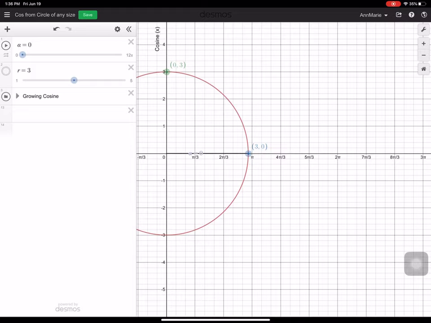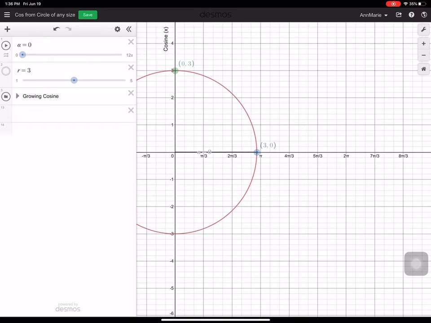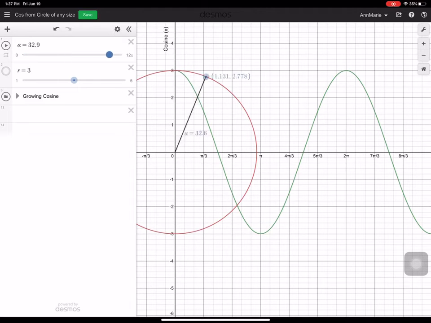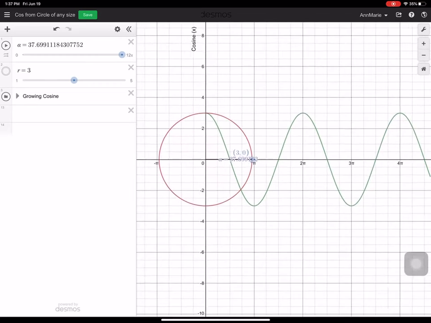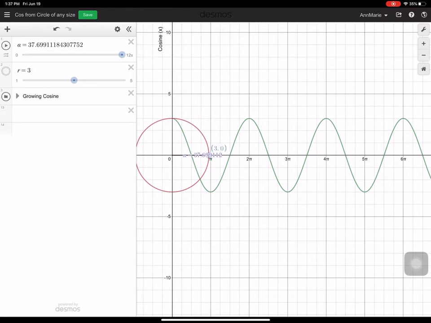Hopefully this shouldn't surprise you too much, because you'll remember that the coordinates of a point around a circle are: the x coordinate is r times the cosine of the angle that gets us to that point, and the y coordinate is r times the sine of the angle that gets us to that point. So it shouldn't surprise you to see that our function looks very much the same, but it's taller.